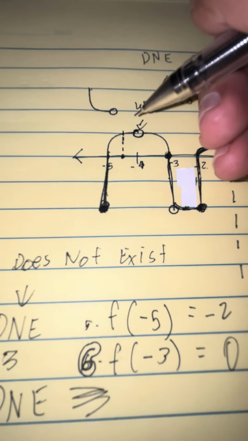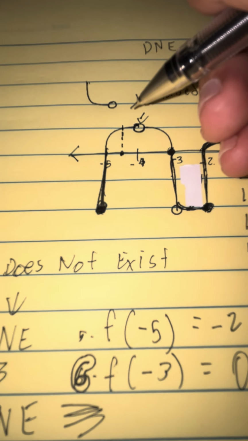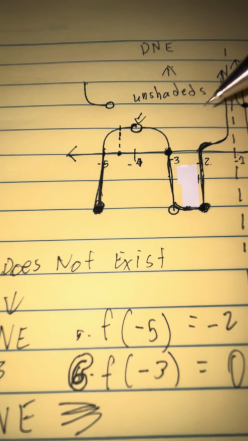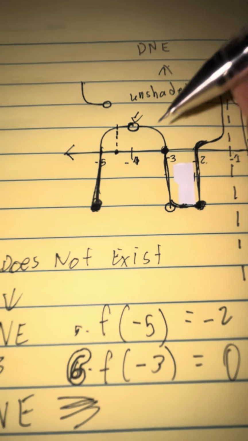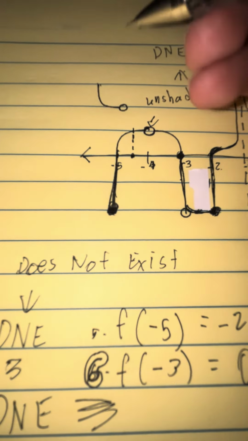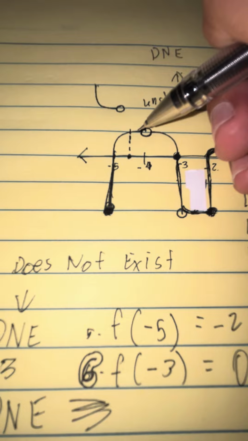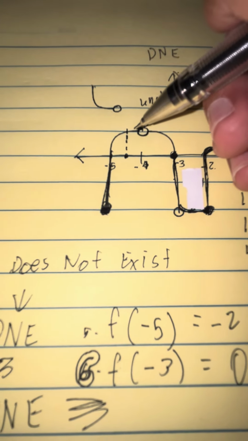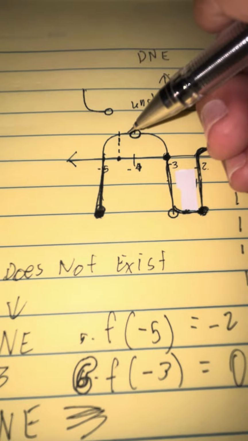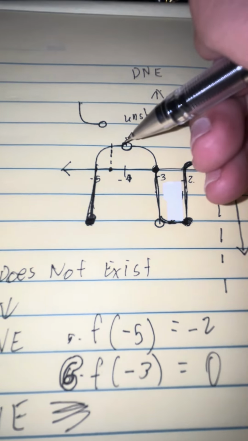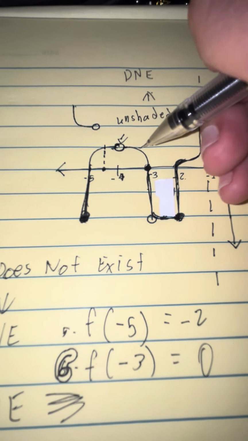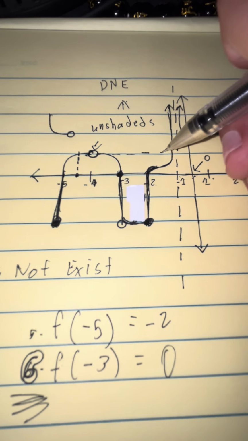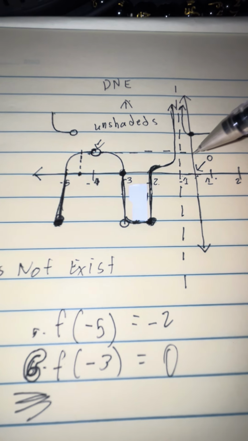We stop making our imaginary lines once we hit the real line here that is already given. After we hit the real line that is given, we make another imaginary line. This time, instead of vertical, we make it horizontal towards the y-axis. Now let's make our imaginary lines right here. And we've hit the y-axis.